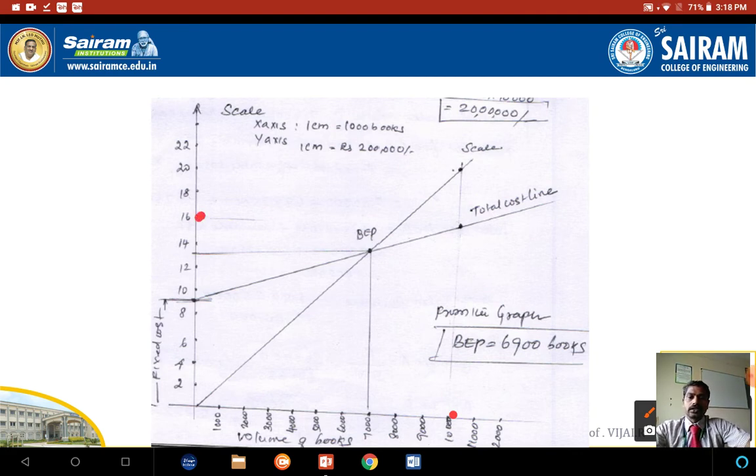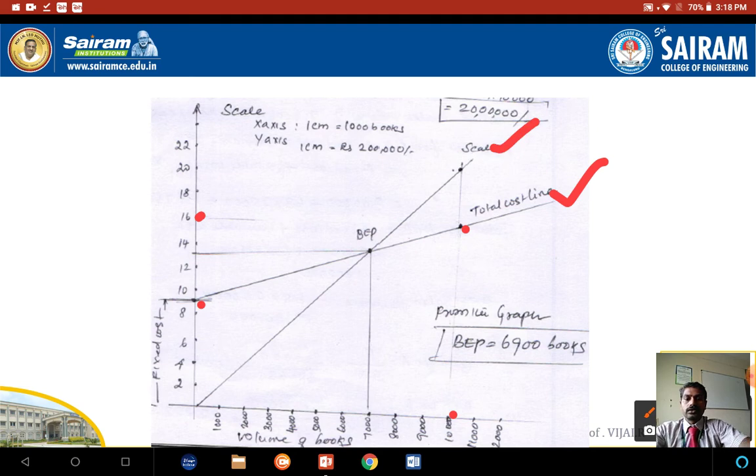Okay, this is the 16 lakhs. I am marking the x and y coordinate here, and then we go for the fixed cost given for the total cost we have. Then we can join the total cost line. This is the total cost line, and this is the sales revenue line.